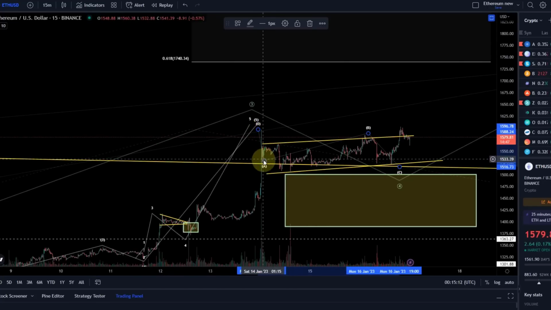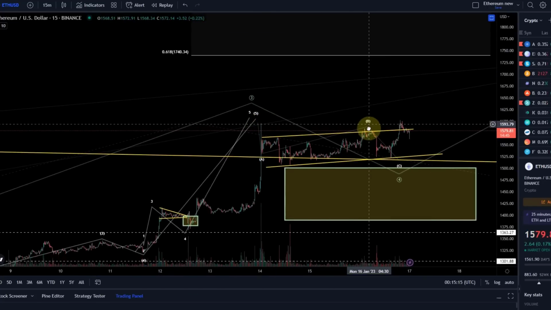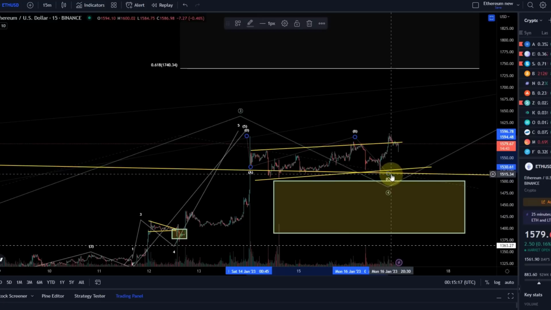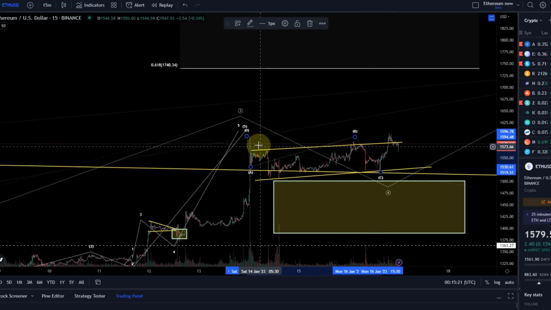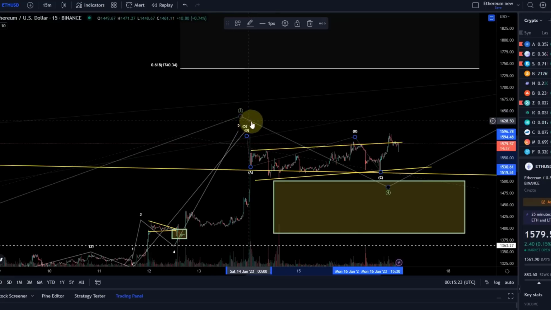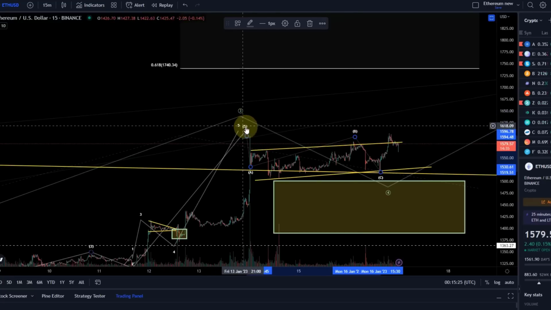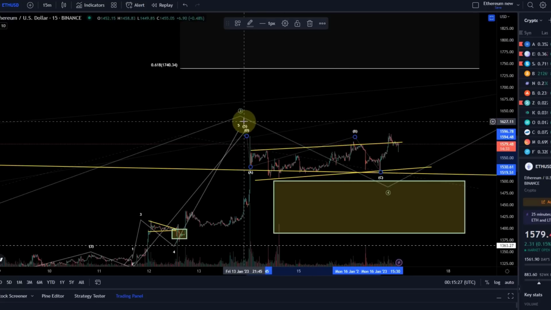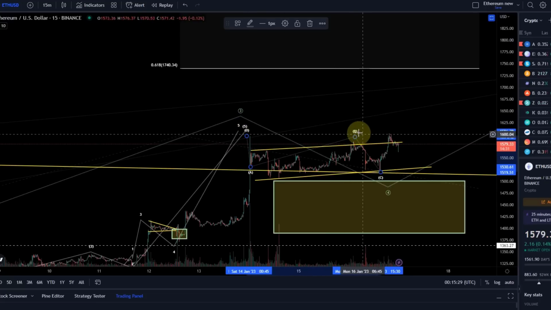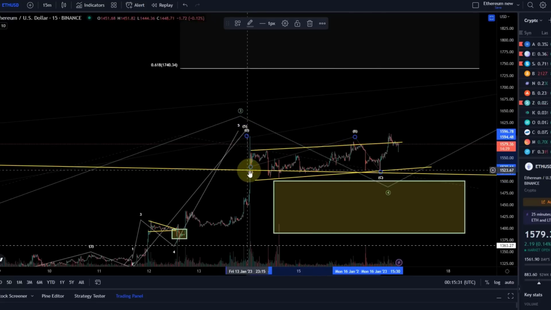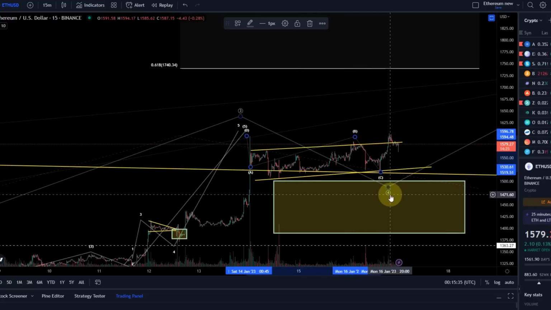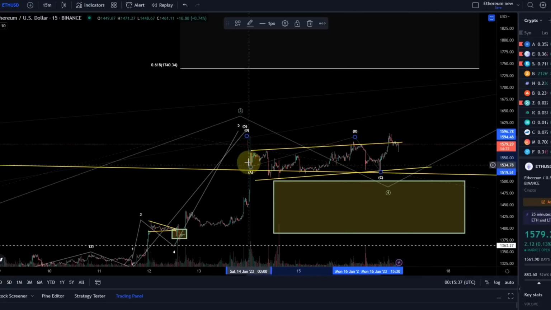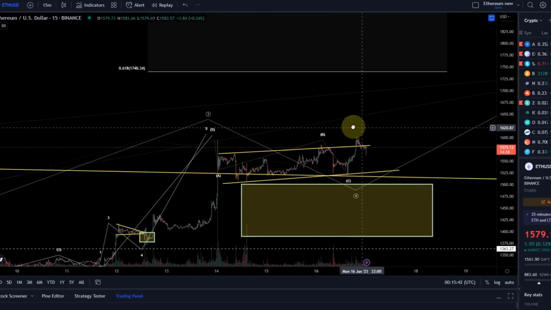The wave A here, then the B wave here, and the C wave here. Then we actually have a normal, let me think, it's quite confusing. No, then we have a normal zigzag pattern. A wave, B wave, C wave. 5 down, 3 up, 5 down. Standard correction, zigzag pattern. In this scenario, the C wave moved below the A wave. That's what you want to see.